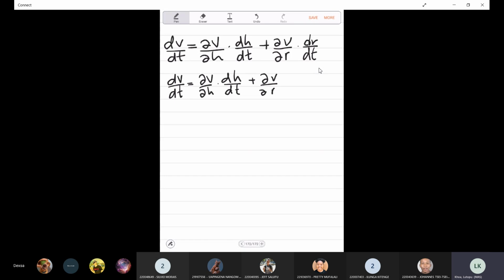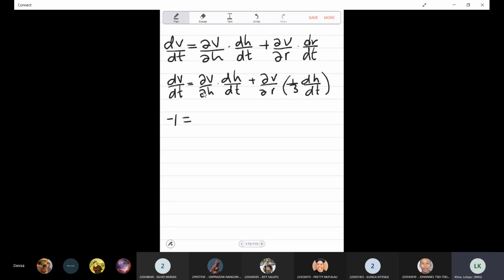Because I don't have the actual value of dr/dt, I replace it with the one I got from r/h, which is 1/3 times dh/dt. Okay, so I can now substitute here my dV/dt. We know this is equal to -1, that's given to us in the question.